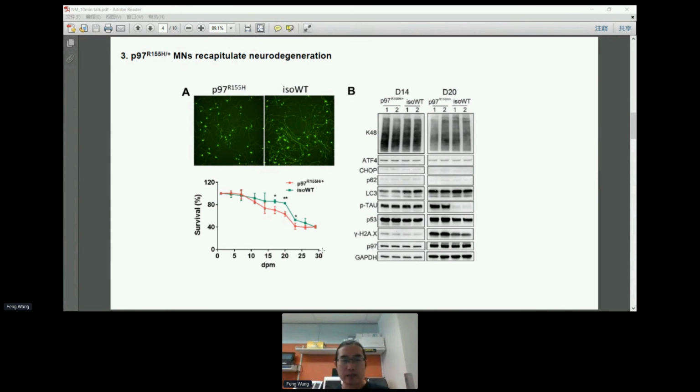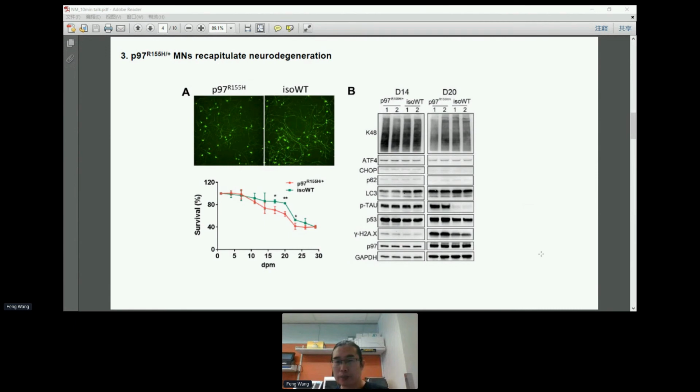With extended maturation culture, the difference in cell survival becomes obvious between the mutant and isogenic wild type. We also use Western blot to detect some biomarkers known to be related to P97 function or neurodegeneration. We can see the ubiquitinated protein K48 shows no difference between mutant and wild type, and also for ER stress, we didn't see a difference. And we see a slight difference in LC3 level.